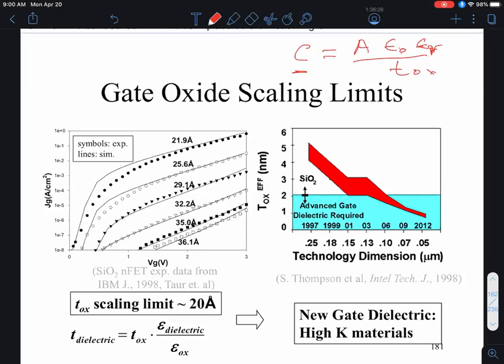Epsilon naught, epsilon r combined give you your epsilon of the dielectric, divided by the thickness of the dielectric. Of course, so far, we've been largely talking about capacitances per unit area. So you can set A equal to 1. And then if you want the total capacitance, you simply scale it up by the area, okay?